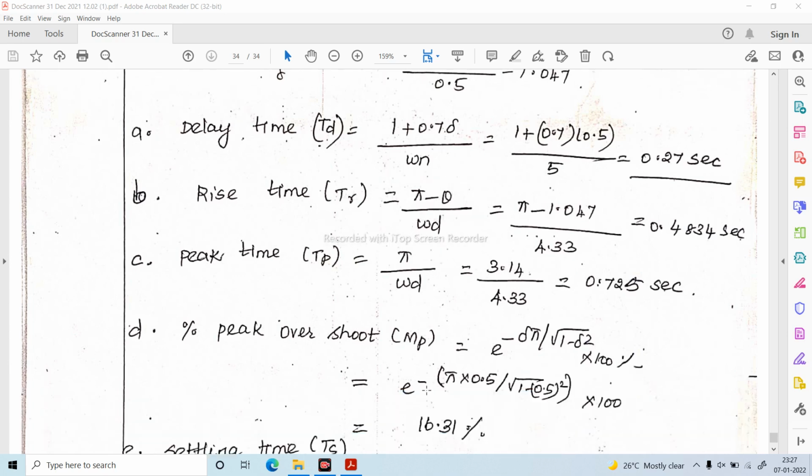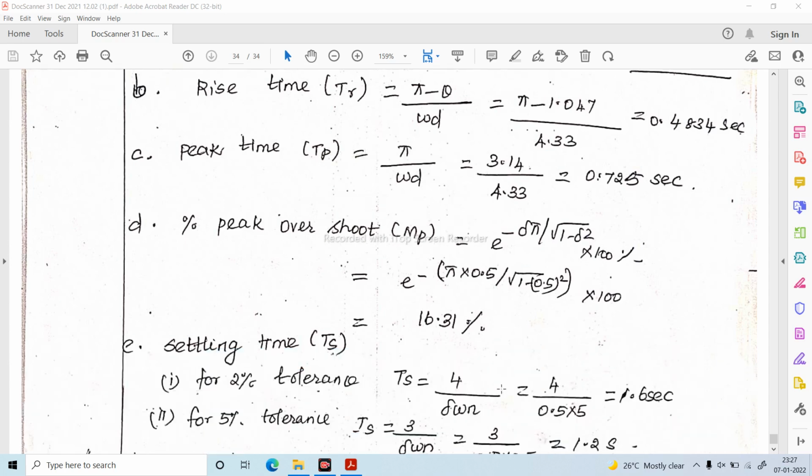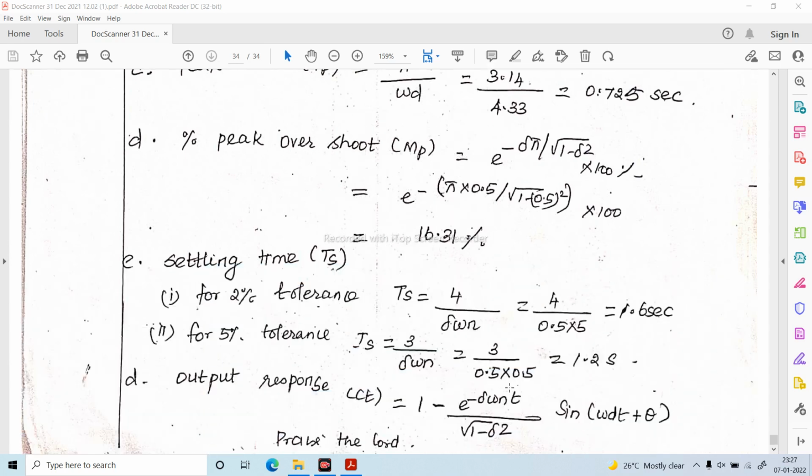Then peak overshoot, that is e power minus delta pi divided by square root of 1 minus delta square, so peak overshoot is 16.31%. And what is the settling time for 2% tolerance? That is Ts is 1.6 seconds. And for 5% tolerance, Ts is equal to 1.2 seconds.